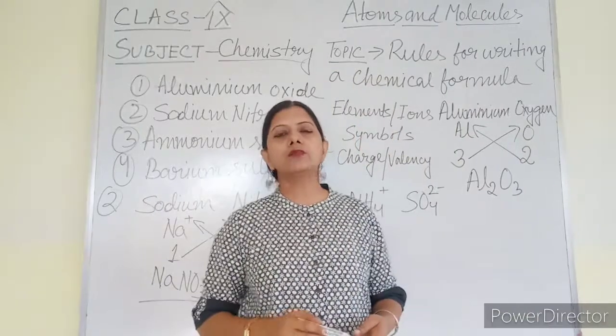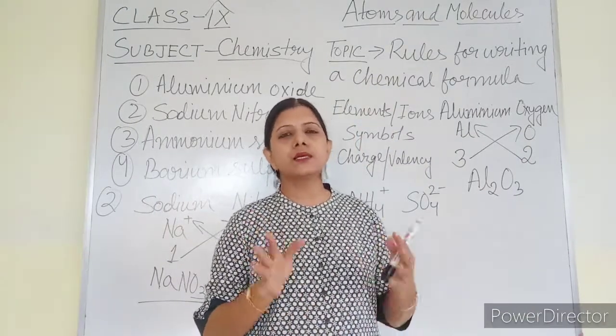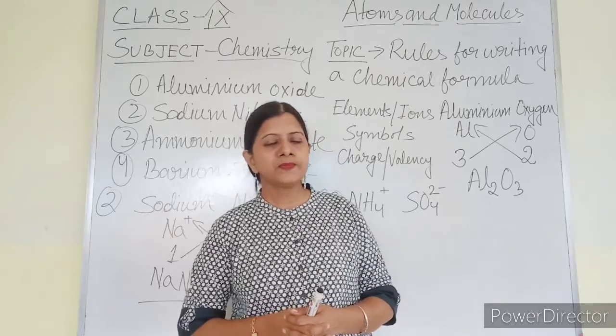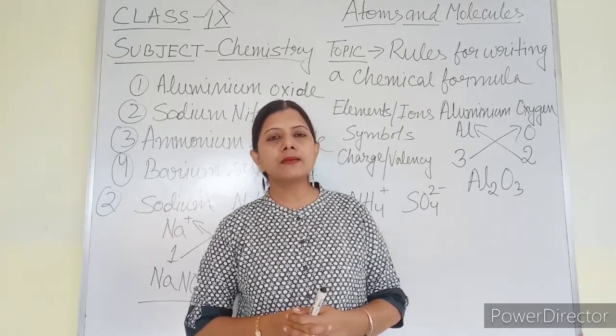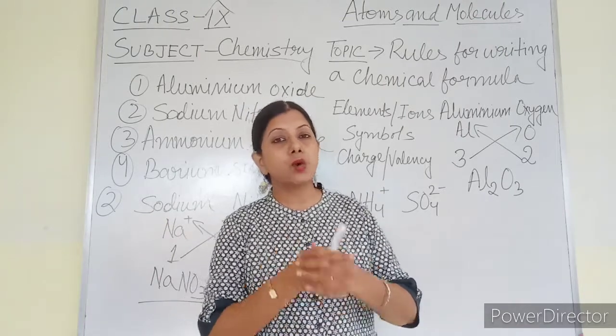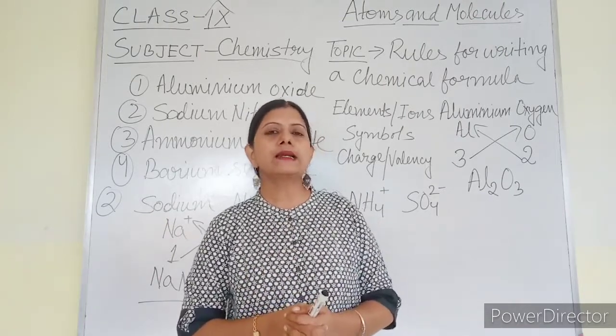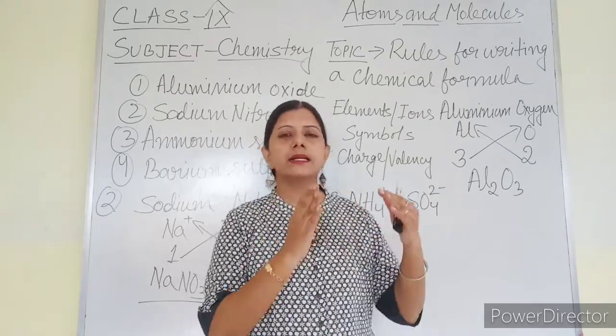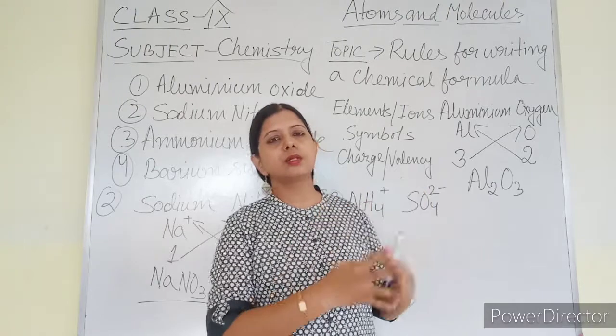Now one thing you have to remember: while writing the symbol of a radical, it is necessary to write down the charges. While writing the symbol of an element, it is not necessary to write down the charges or valency on the symbol. But while writing the symbol of the radical, it is necessary to write down the charges on the radical.